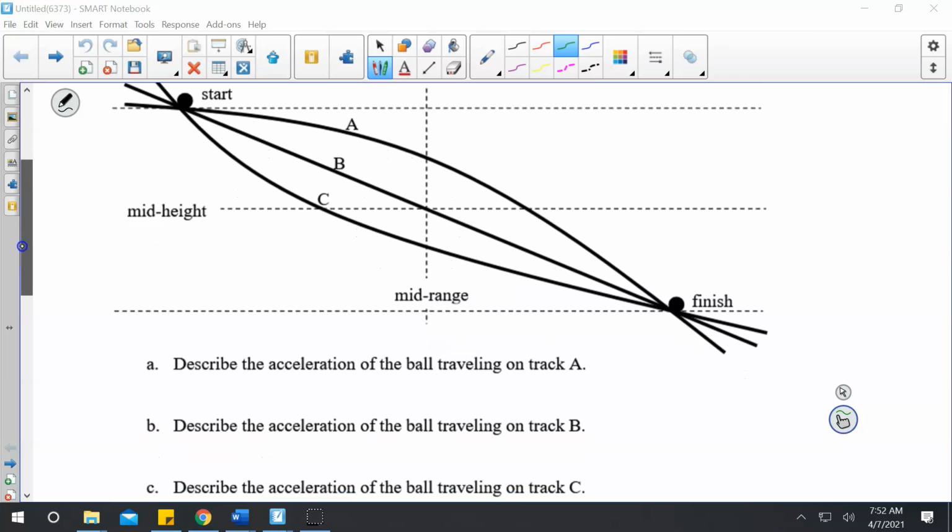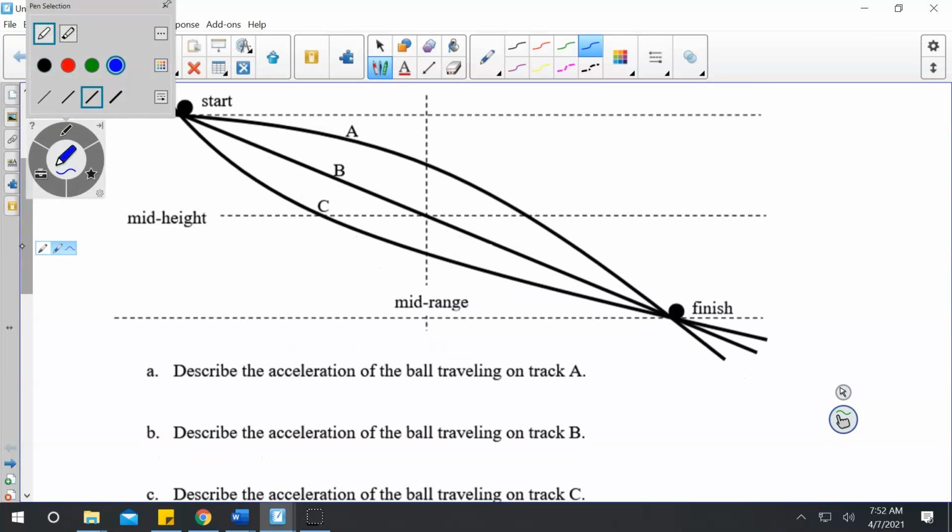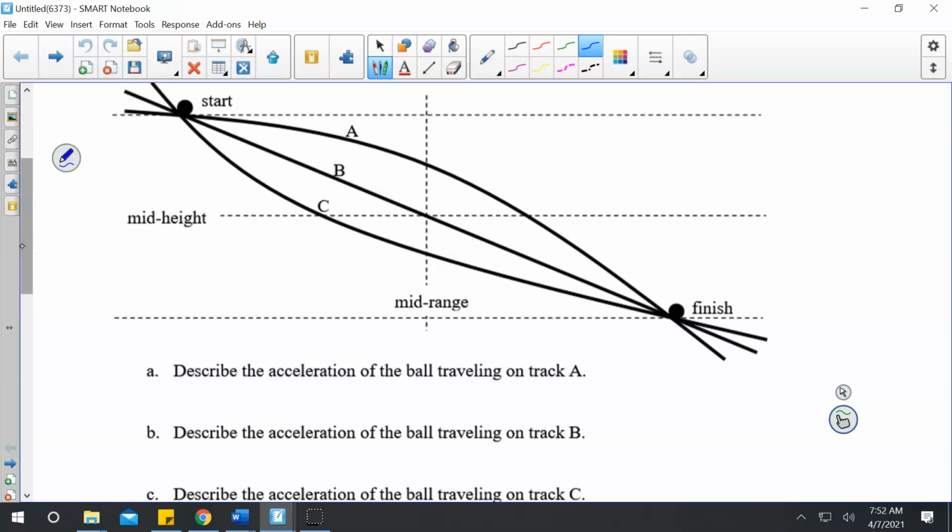So on track A, we would describe the acceleration as less to begin with, and then it increases as it moves to the end.